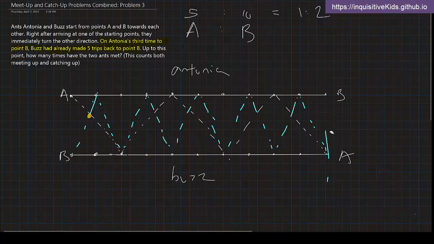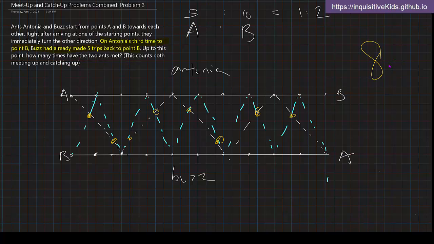This part, this part, this part, this part, this part, this part, this part, this part, this part. Okay, so 1, 2, 3, 4, 5, 6, 7, 8. So how many times have the 2 ants met? 8 times.